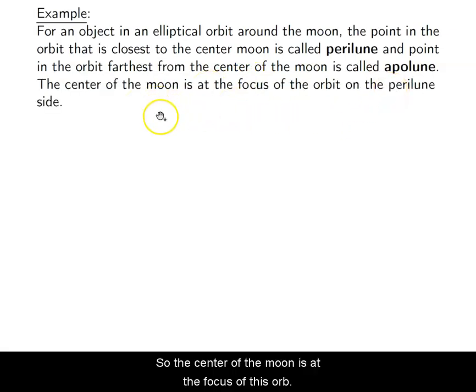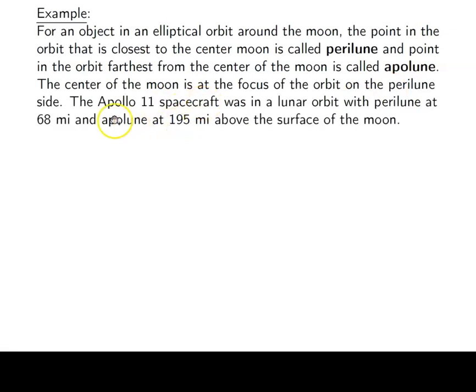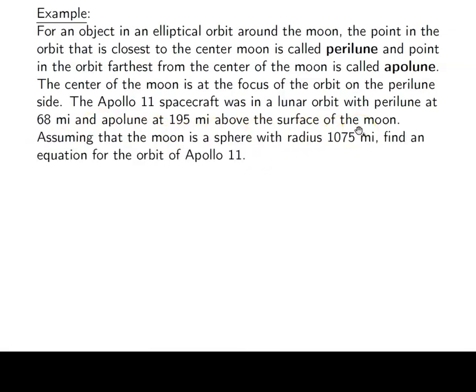Okay. So the center of the moon is at the focus of this orbit on the periselene side. The Apollo 11 spacecraft was in a lunar orbit with periselene at 68 miles and aposelene at 195 miles above the surface of the moon.